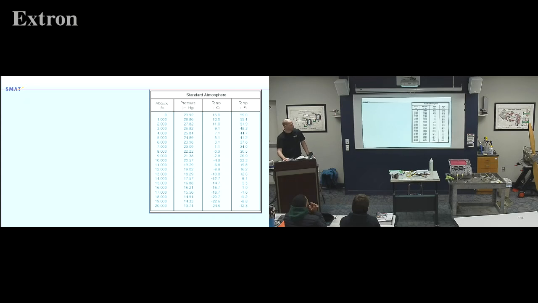Here's a chart. It pops up a couple different times. It tells you standard atmosphere conditions. So at sea level, we're at 29.92 inches of mercury. We consider 15 degrees Celsius our standard, which is 59 degrees Fahrenheit. Yesterday we were talking, I think it was yesterday, at 10,000 feet our pressure drops.